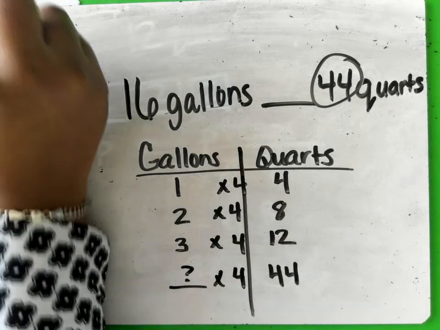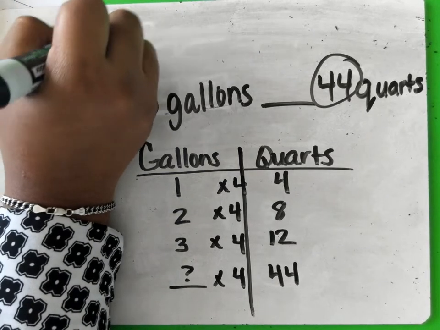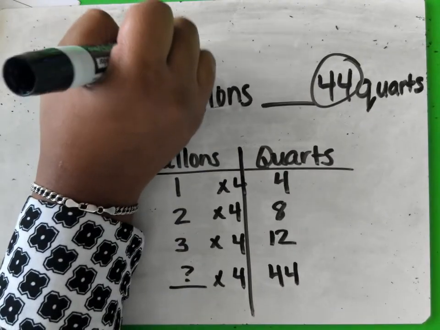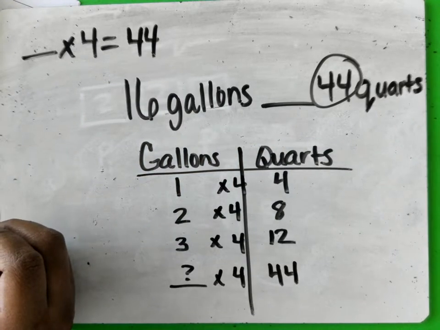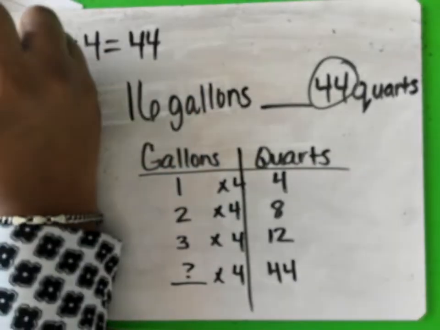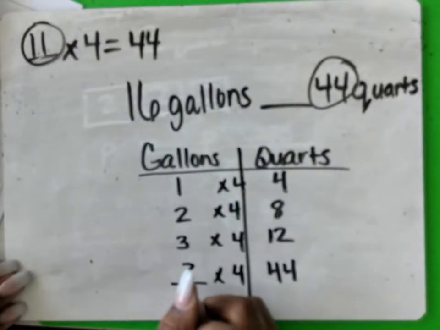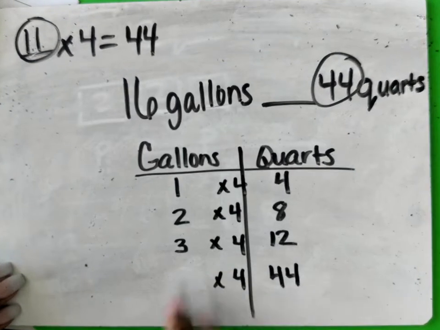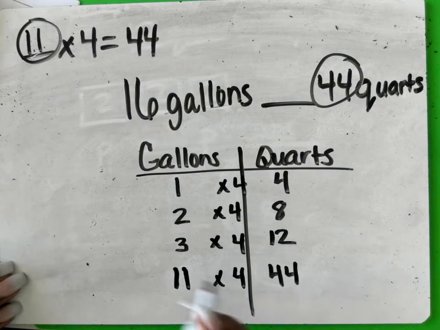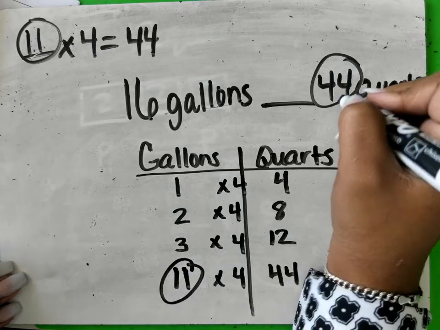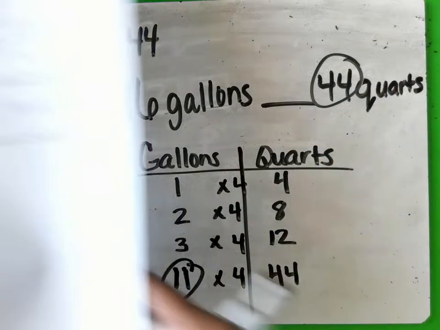So it's like saying a number times 4 equals 44. Well, what number is it? 44 divided by 4. 11. So I know that 11 is here. So therefore 44 quarts is the same as 11 gallons. Okay, so this is the same as 11 gallons.